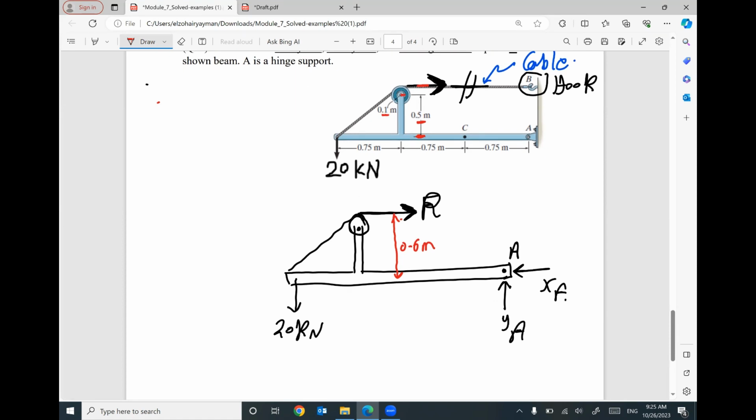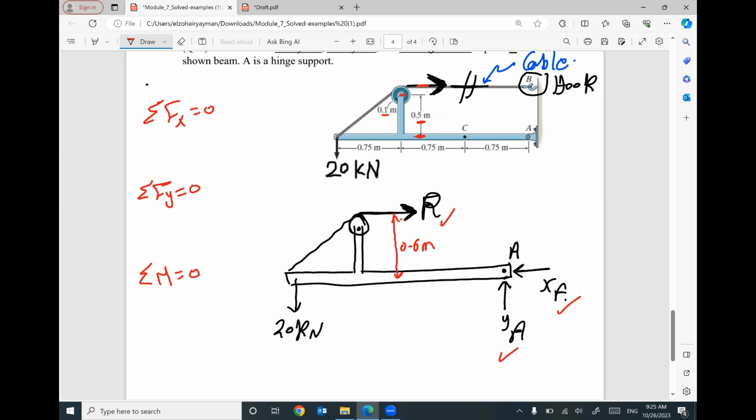This is the main idea in this problem. Then go ahead and apply summation f of x equals 0, summation f of y equals 0, summation moment at any point equals 0. You can find out the reactions and the force R in the cable.